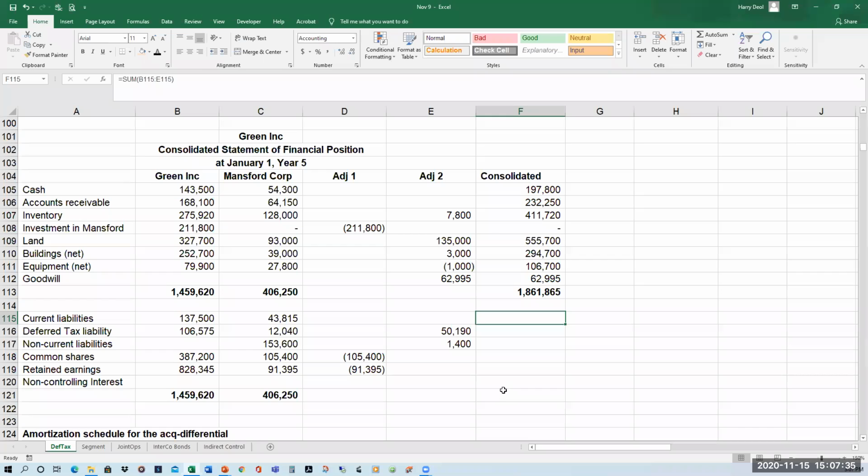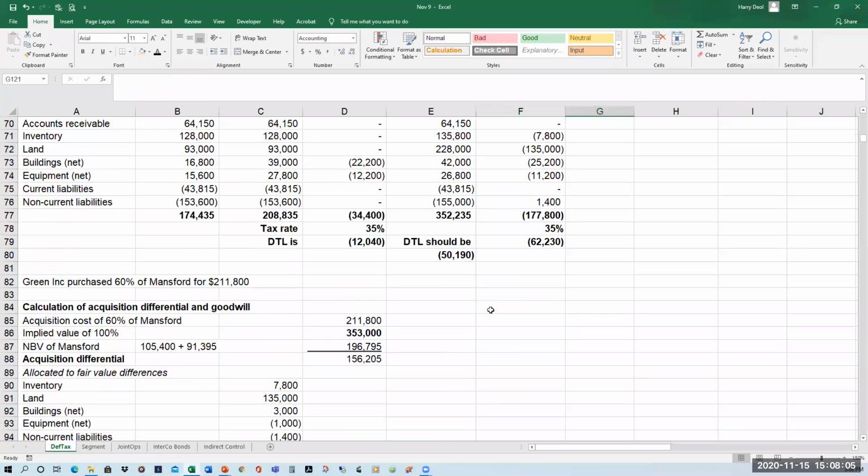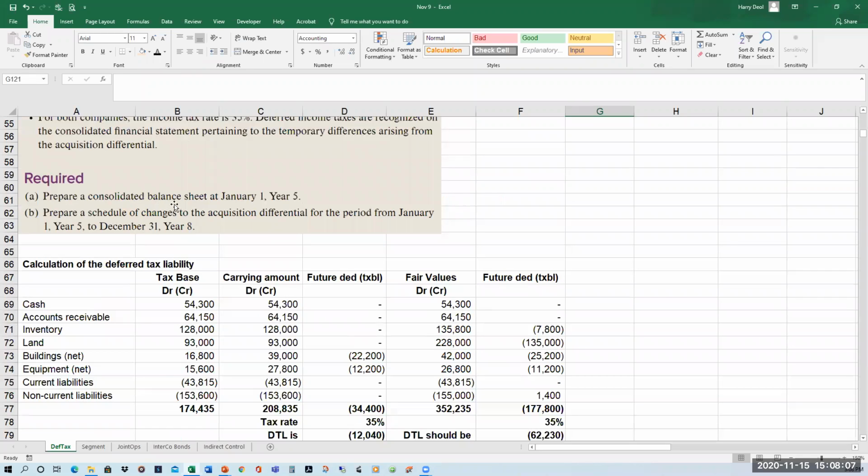And if we compare that to the liabilities and shareholders' equity, keep in mind we have to include non-controlling interests, 141,200, into the balance sheet. We get the same total for liabilities and shareholders' equity. So this was the first answer to the first part, prepare the consolidated balance sheet.